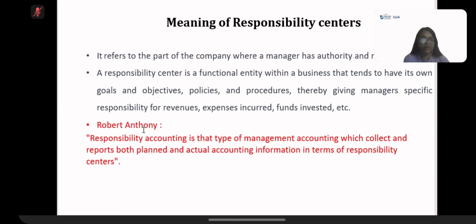What does he state? Responsibility accounting is that type of account management accounting which collect and report both plan and actual accounting information in terms of responsibility centers. मतलब रिस्पॉन्सिबिलिटी अकाउंटिंग में आपको ये पता चलेगा कि एक्चुअल कितना प्लान्ड एक्सपेंसेस या इनकम था, आपने कितना स्टैंडर्ड के हिसाब से अचीव किया, सो दैट यू कैन टेक अ डिसीजन प्रॉपरली. ओके.